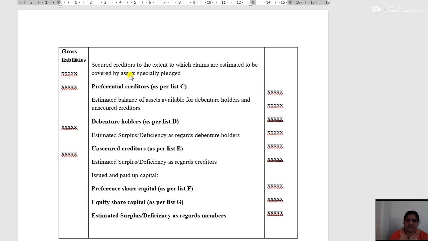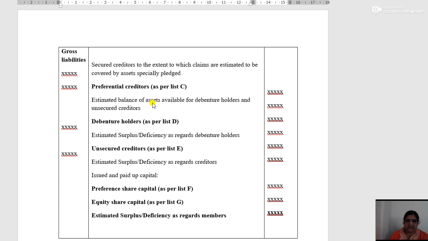Secured creditors to the extent to which claims are estimated to be covered by assets specifically pledged. Then preferential creditors as per list C. You know the meaning of preferential creditors.